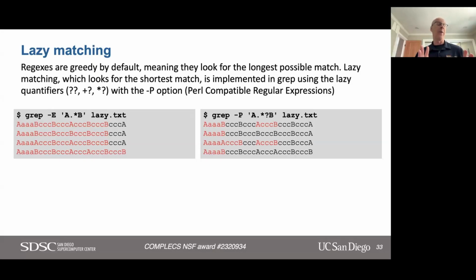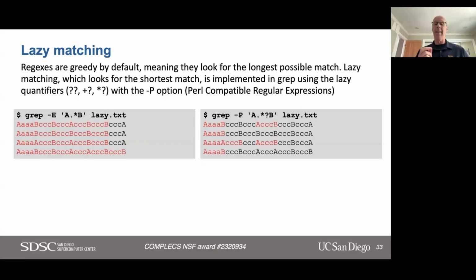So the quantifiers we've already seen, followed by a question mark. And we have to use the -P option for Perl-compatible regular expressions. So just comparing here, the standard default greedy matching on the left and the lazy matching on the right.